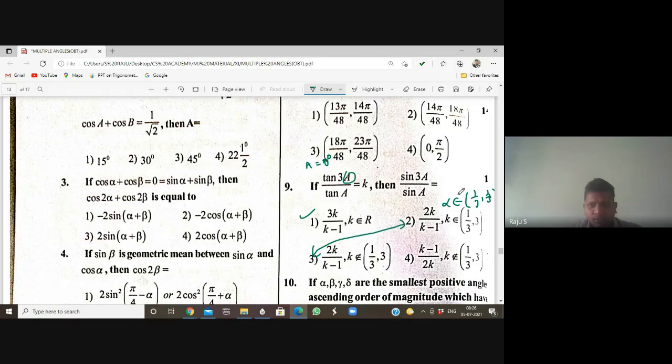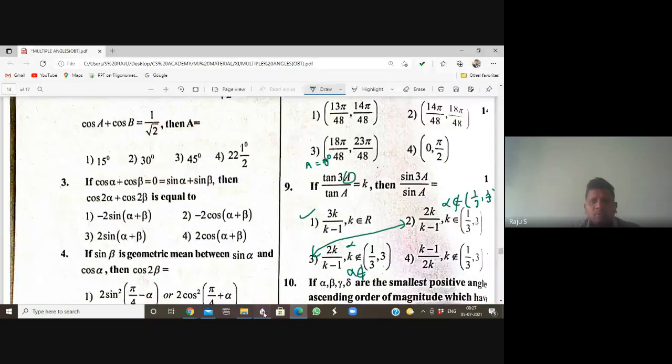K value is infinity, it does not belong to 1 by 3 to 3. So the second option is wrong, and the third option is correct.